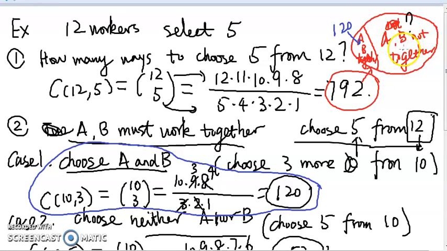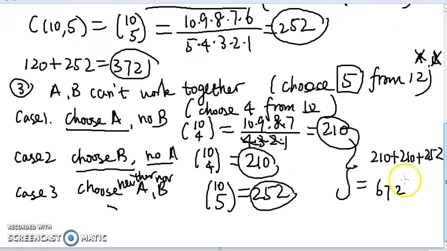So to find A, B not together, I just need to subtract 120 from 792. So 792 is the total, including A, B together and A, B not together. If I subtract 120, that gives me 672, which means A, B are not together. So this is a much quicker way. As you can see, we got the same answer, 672.